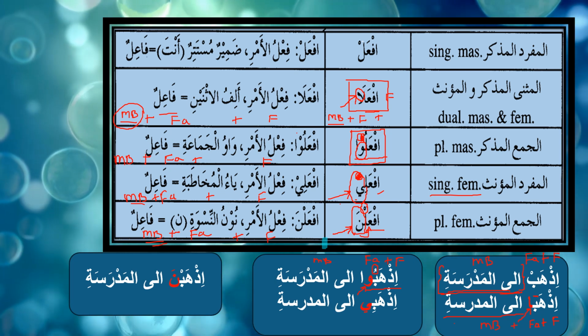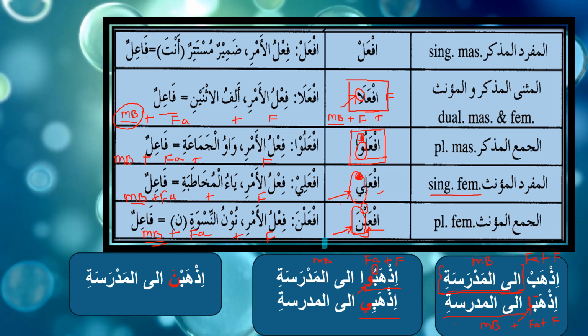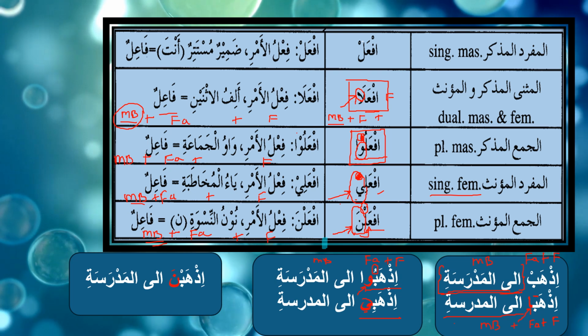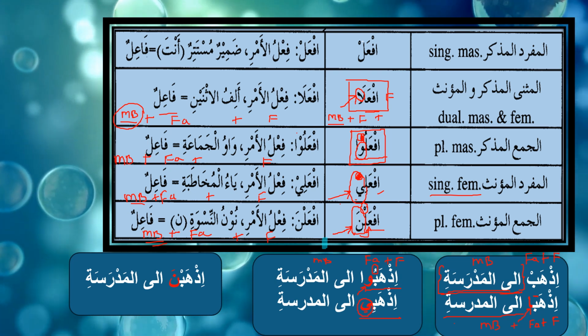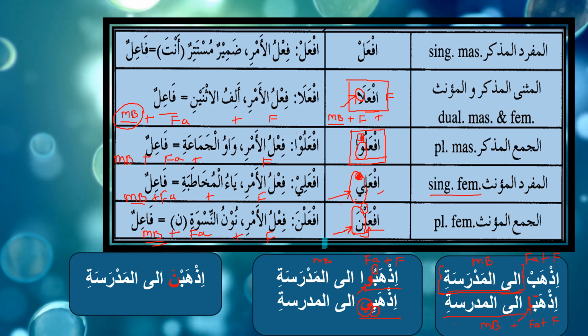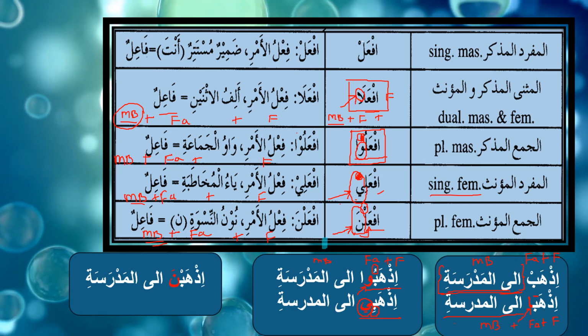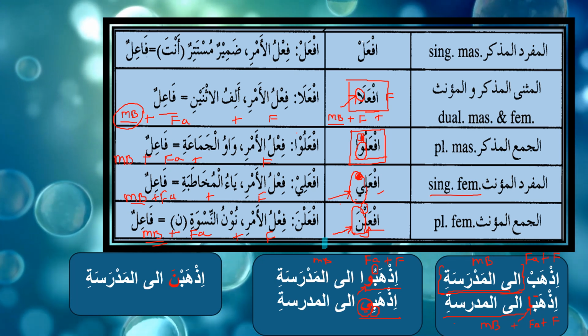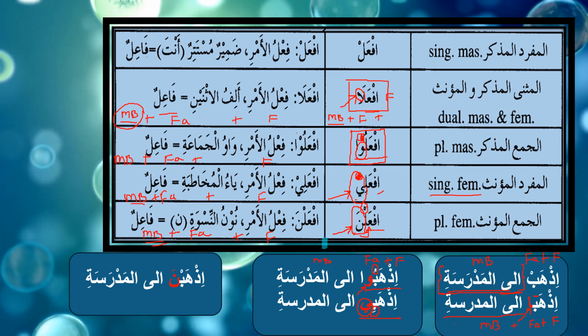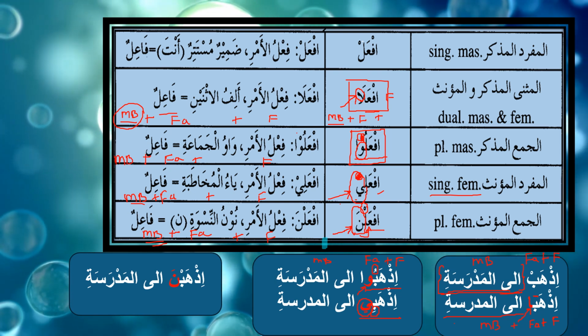Now let's check the command for the feminine singular. Idhabi. Since you can see the red damir ya al-mukhataba, check there is a kasra below the ya. That's why the ba has a kasra. It doesn't mean the command verb is changing its structure. The command verb doesn't change its structure. It's mabni.